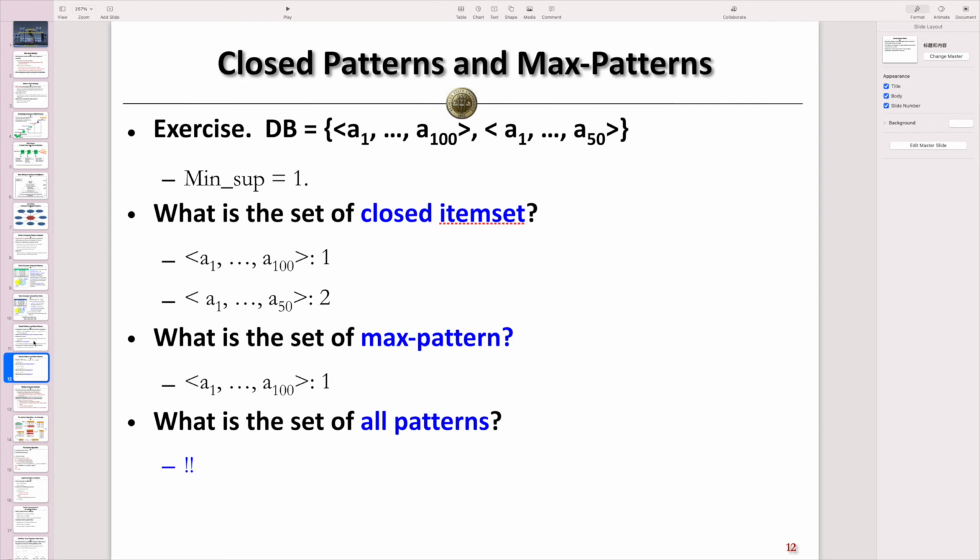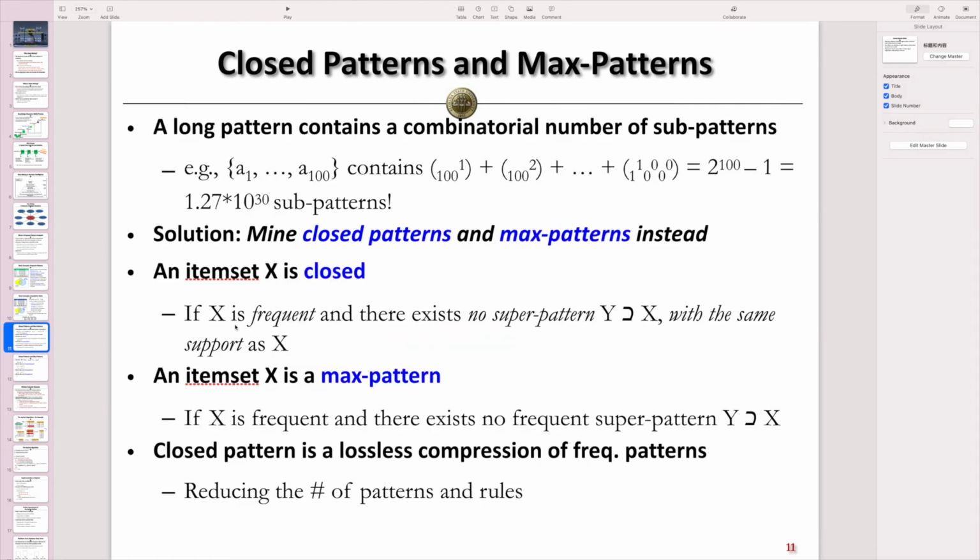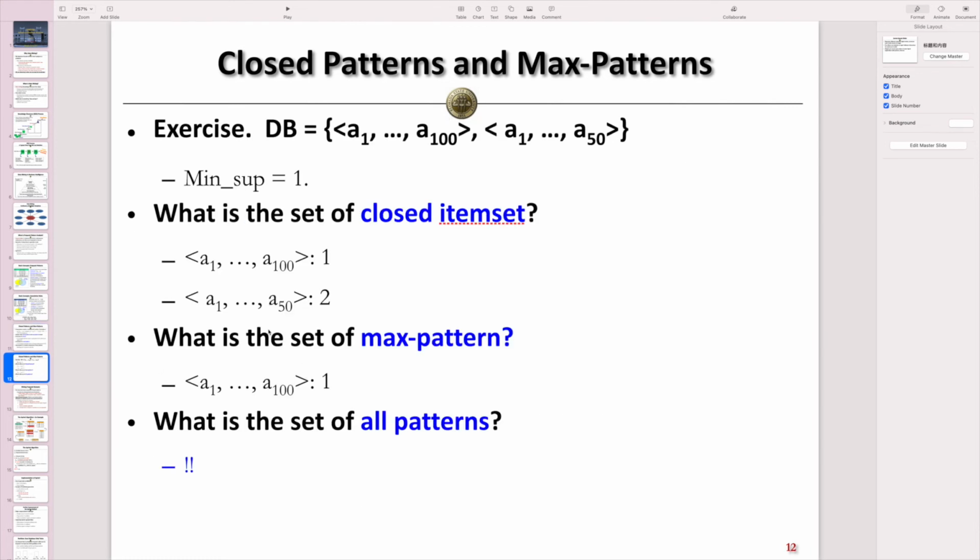According to the definition we showed on the previous page, if X is frequent and there exists no superset Y with the same frequency as X, then X is closed. So A1 to A50 is also closed. It is frequent, and none of its supersets has the same frequency. Okay, so these are the closed item sets we can get from this example.